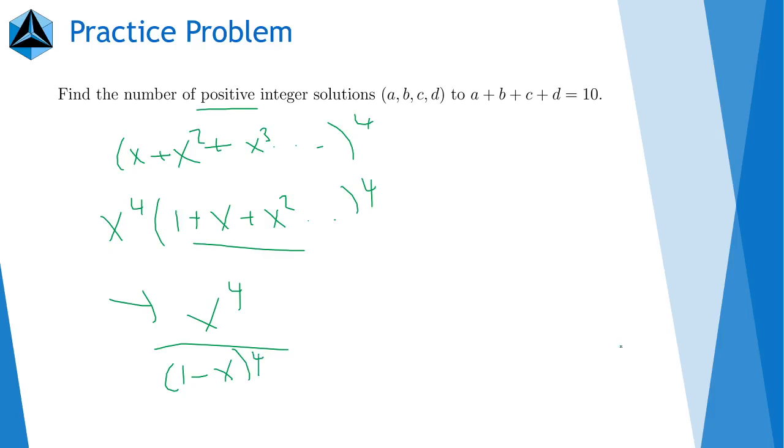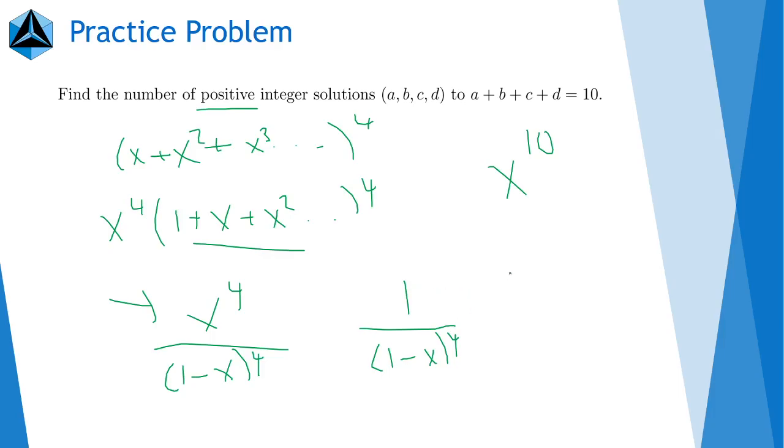Let's remove the x to the fourth for a second. We want to get to the sum of 10, so we want the coefficient of x to the 10th. Since we already have an x to the fourth here, we can just find the coefficient of x to the sixth in the expansion of 1 over 1 minus x, to the fourth. That's just subtraction and removing the x to the fourth. So here we know how to do this. We have our generalization, n plus k minus 1 choose k.